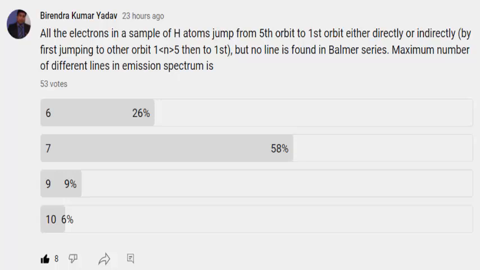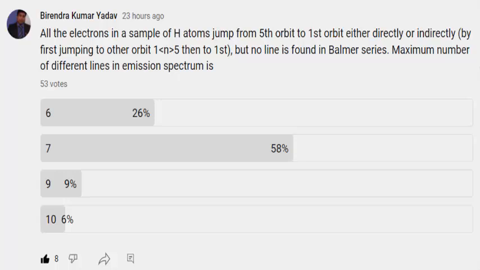The question was: all the electrons in a sample of H atoms jump from the fifth orbit to the first orbit, either directly or indirectly by first jumping to another orbit and then to the first, but no line is found in the Balmer series.